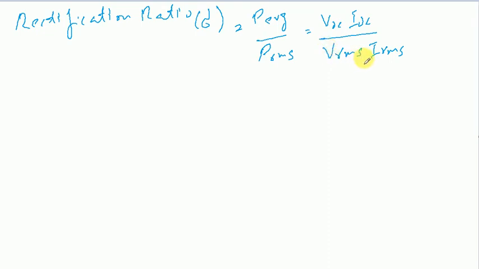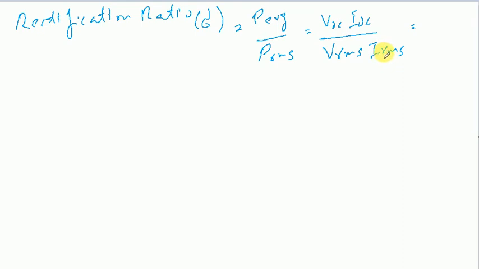It will let you know that for the half wave rectifier circuit, in terms of percentage, the rectification ratio will be about 40%. It will be different for different types of rectifier circuits: half wave, full wave, single phase versus three phase, and so on.